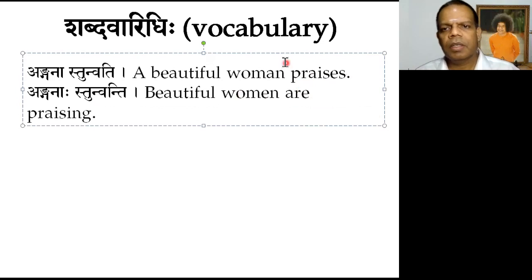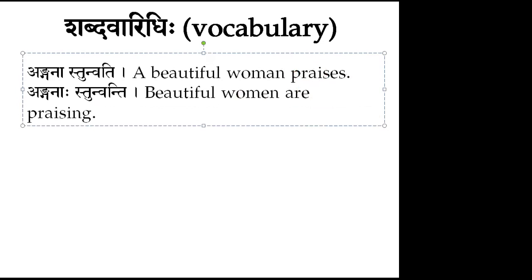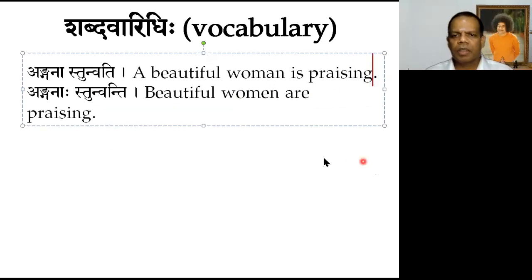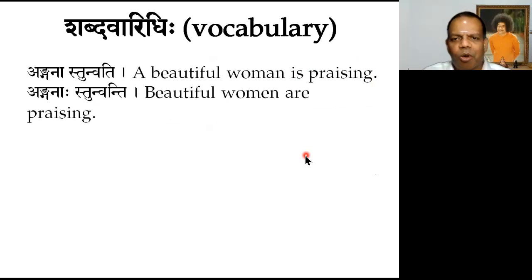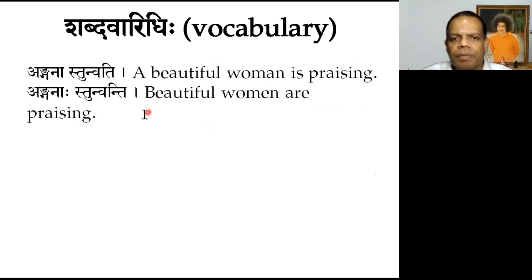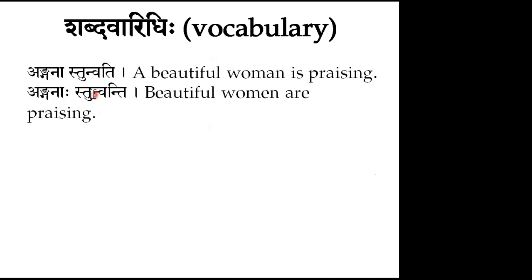Here you have put is praising, just because in Sanskrit there's only one present tense, simple and continuous, all the same. So Angana stunvati is singular. Anganaha stunvanti is plural. Got it. Okay. Thank you.